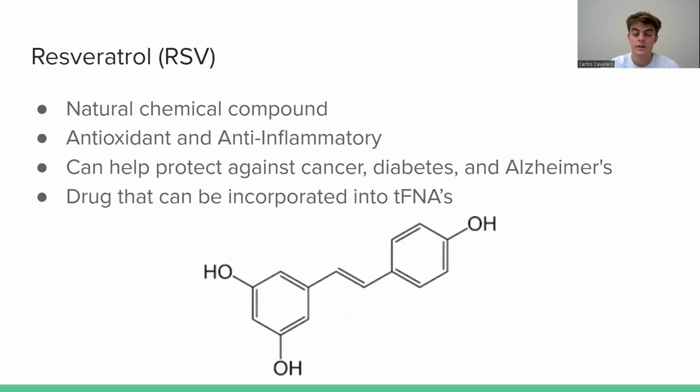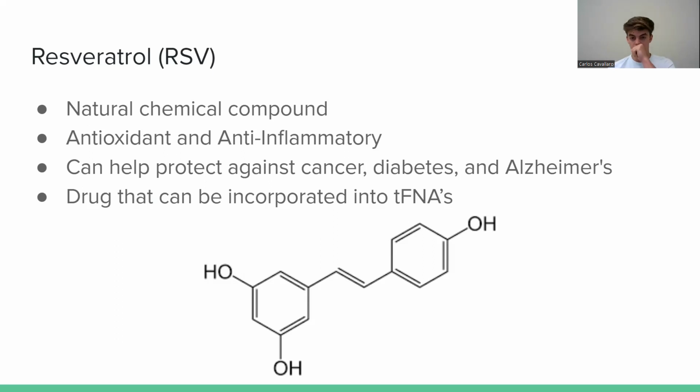So resveratrol is a natural chemical compound. It's found all over the place in nature, in grape products, peanuts, cacao beans, all types of different berries. And it's used as a supplement. You can find it in pharmacies. It's known as an antioxidant and anti-inflammatory.